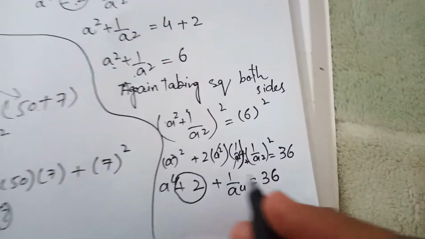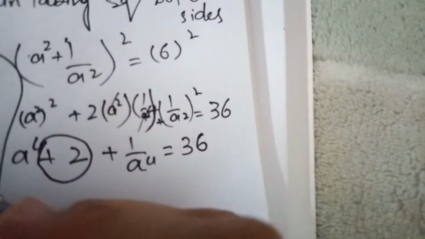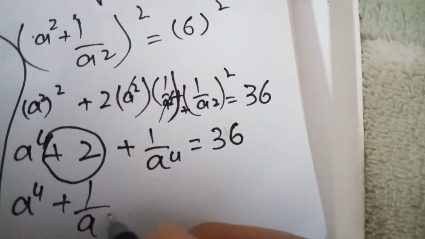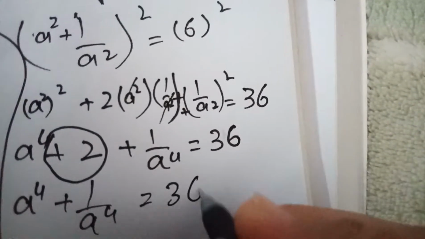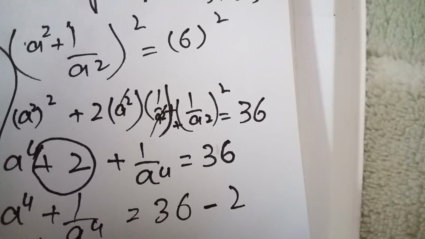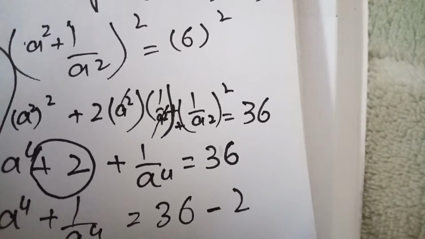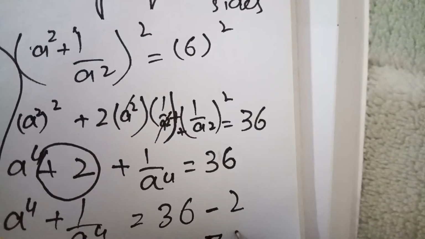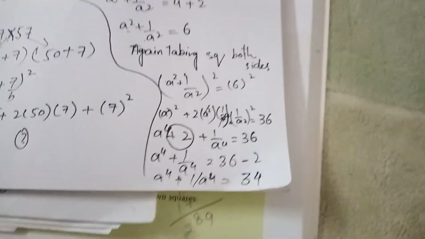When we transfer it to the other side of equal, this will become negative. So a raised to power 4 plus 1 over a raised to power 4 equals 36 minus 2, that is 34. This is the second situation that we have to verify according to the given.